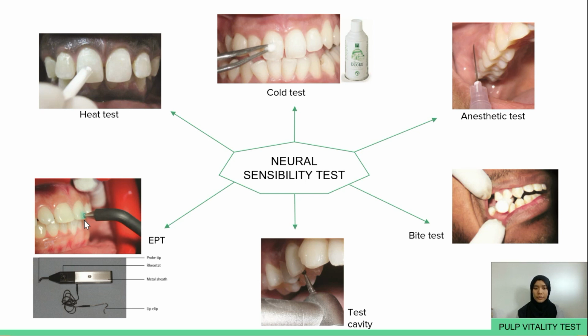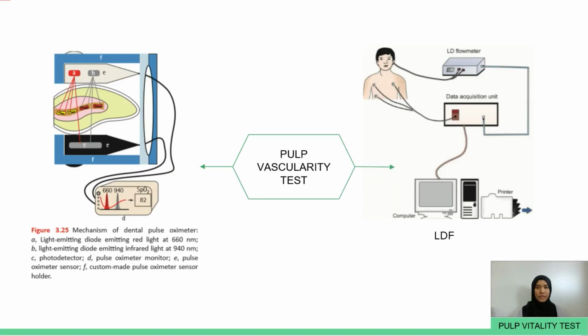So for pulp vascularity tests, the first one is pulse oximetry, which measures the oxygen saturation level. The pulse oximeter sensor consists of two light emitting diodes, one of which transmits red light and the other transmits infrared light. We have a photodetector on the opposite side of the vascular bed, or in this case the tooth.